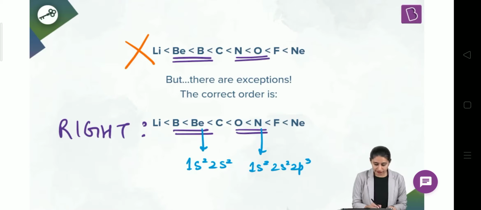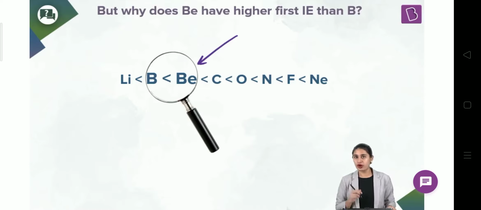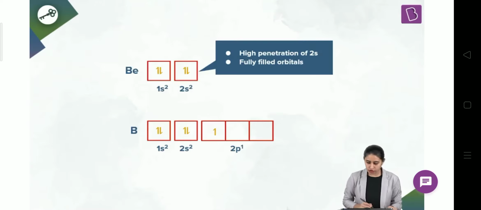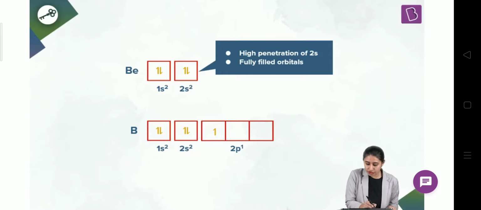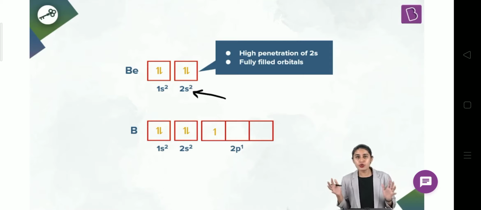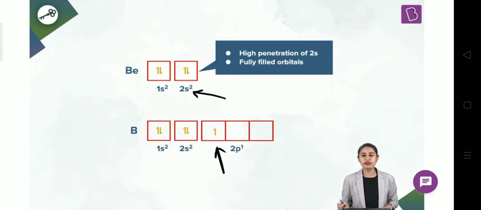Let's see. If I talk about the first one, which is boron and beryllium, I just told you about the electronic configuration. All right. So you can clearly see there are fully filled orbitals present in beryllium, but something major is at play, which is the penetration power of 2s. You know that 2s is very close to the nucleus as compared to 2p, of course.